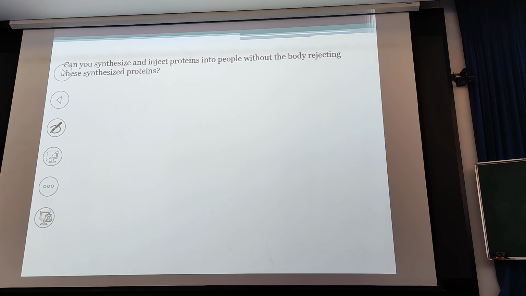So the diabetic patients need to inject insulin, and we cannot find insulin stored in nature. So we just kill the cow, isolate the insulin from the cow, and then inject it into the human to help people with diabetes.